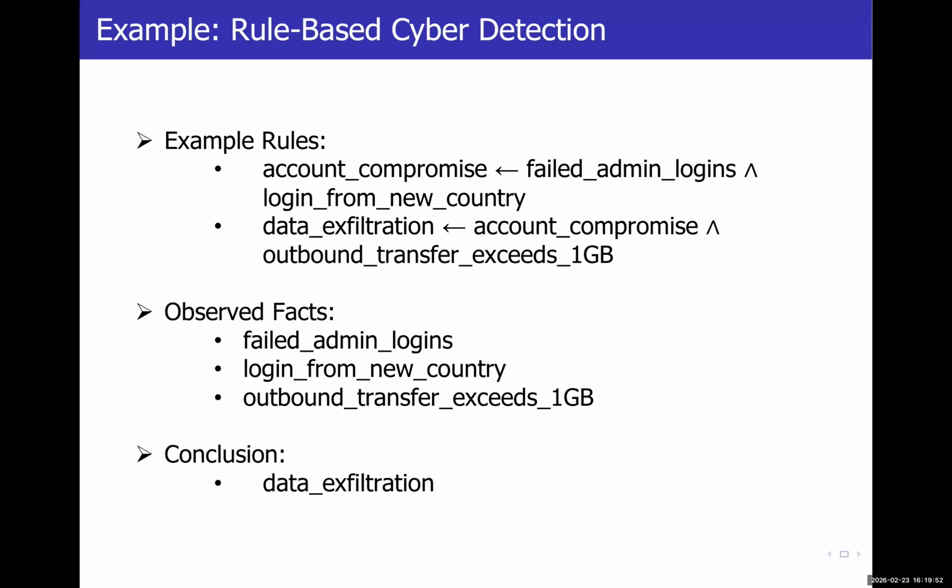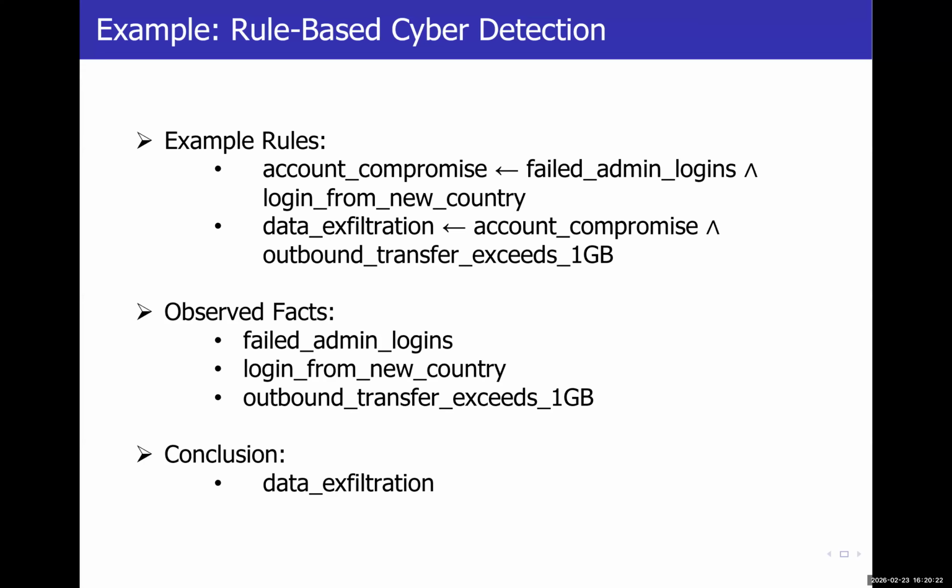So now let's look at a concrete cybersecurity example. Suppose we define a rule that account compromise occurs if there are failed admin logins and a login from a new country. And then we define another rule that data exfiltration occurs if there is an account compromise and an unusually large outbound transfer.